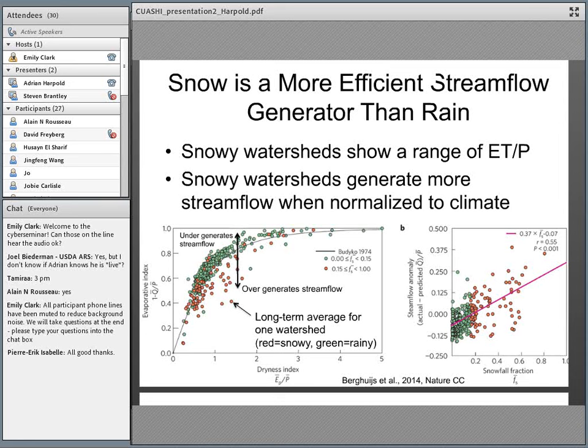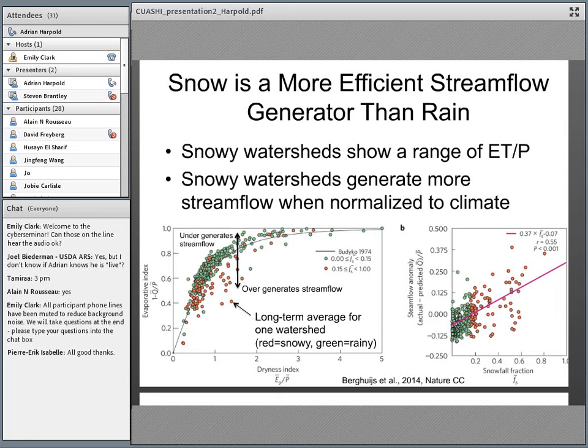So highly variable in terms of climate and water partitioning. But if we look, they all tend to fall below the Budyko line, that light black thin line. And so they overgenerate stream flow with respect to the Budyko relationship. And that's what that right-hand panel is showing. It's showing as you increase snowfall fraction, your anomaly becomes more positive. So controlling for climate, these snowy systems are more efficient at generating stream flow.